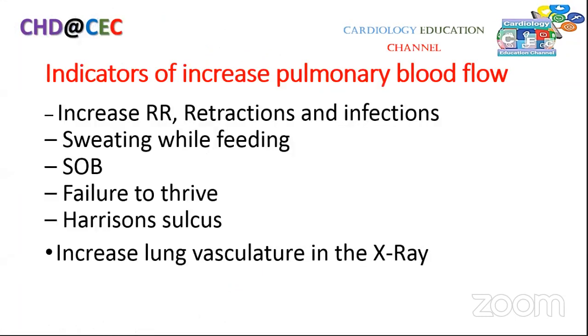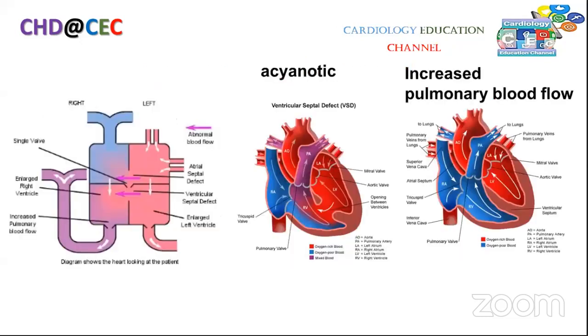We must know the clinical indicators of increased pulmonary blood flow, which are increased respiratory rate, retractions and repeated chest infections, sweating while feeding, shortness of breath, failure to thrive, the presence of Harrison's sulcus, and increased lung vasculature in X-rays. The concept of increased blood flow is very, very important.